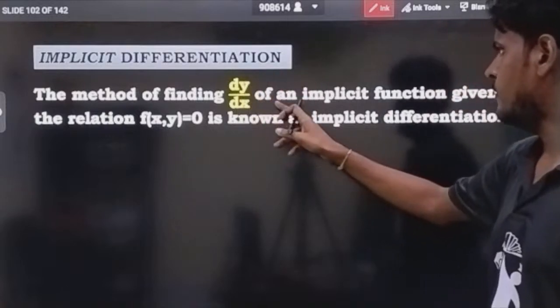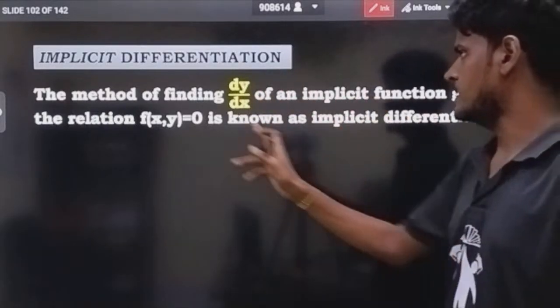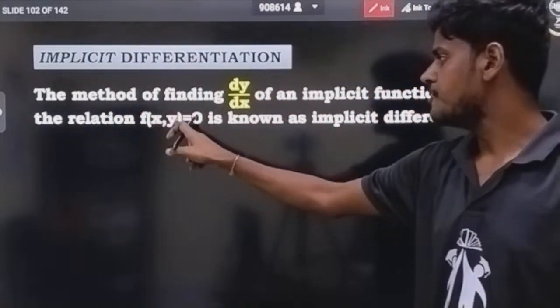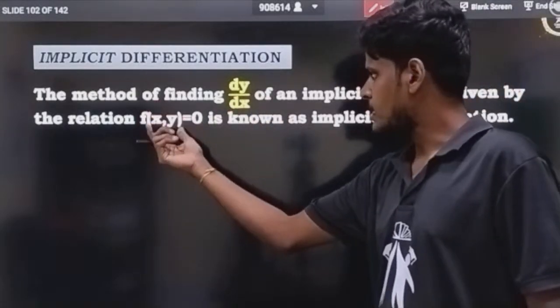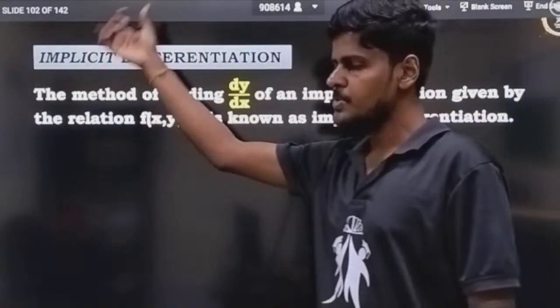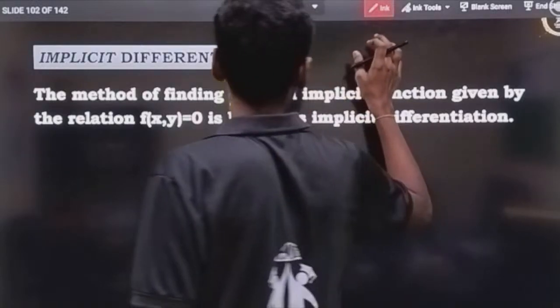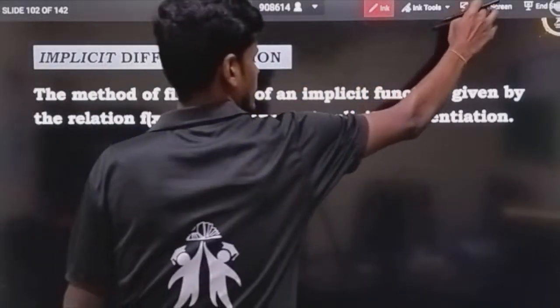The method of finding dy by dx of an implicit function is given by the relation f of x comma y equal to 0. What does that mean? F of x comma y equal to 0 means we can't split x and y variables separately. I will give one example for this.